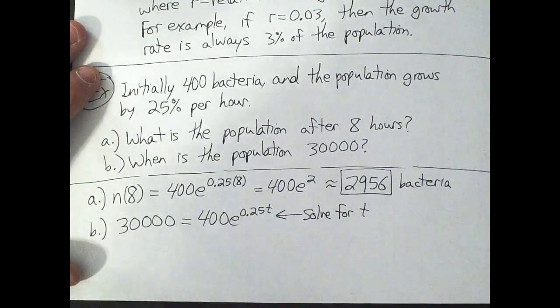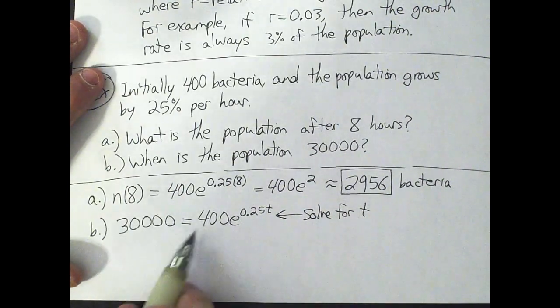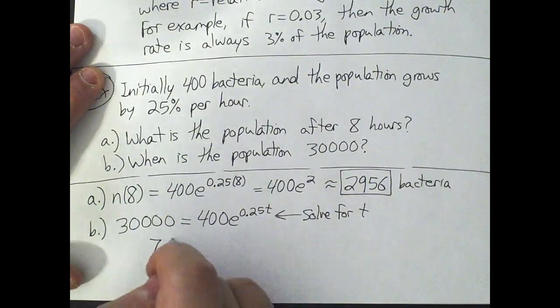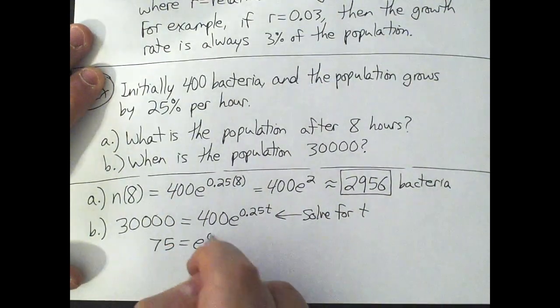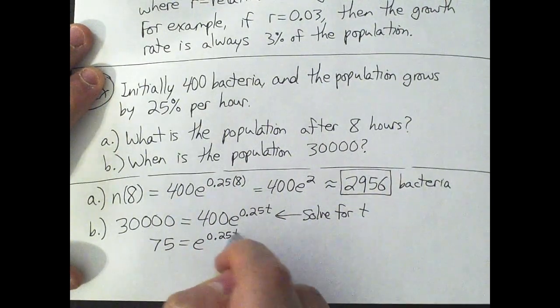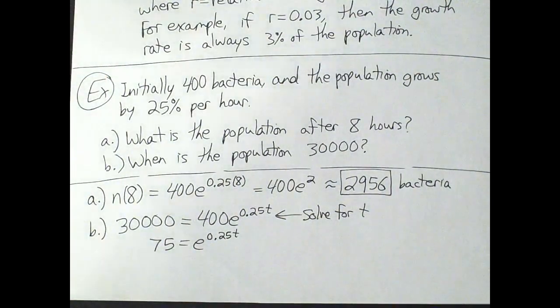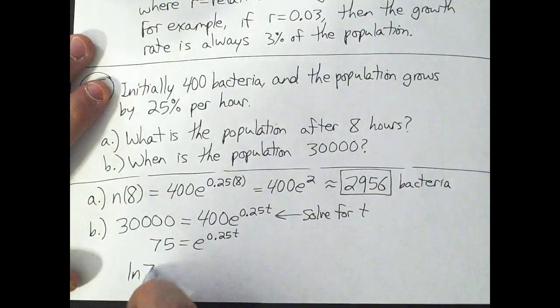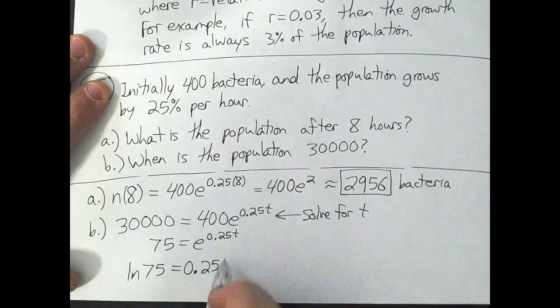Let's divide both sides by 400. 400 going into 30,000 should give you 75. So I get ln 75 equals 0.25t.